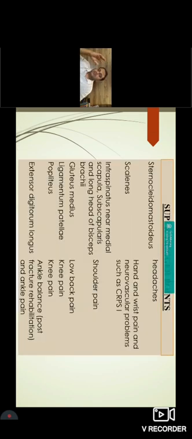I had said in the earlier class today, at the beginning of the session, that once we start learning these trigger points and how to treat them, while we are palpating, you can feel the interconnections in the body, right?